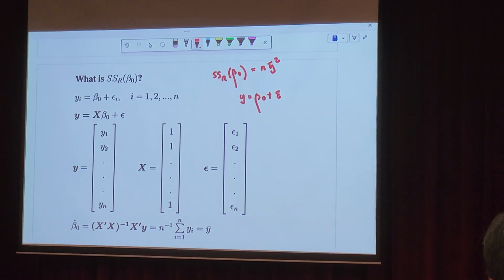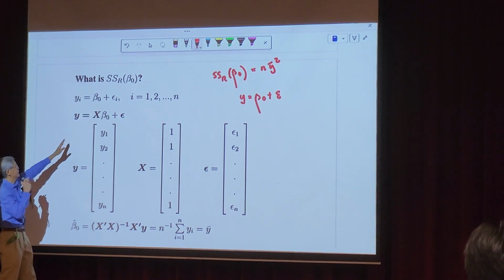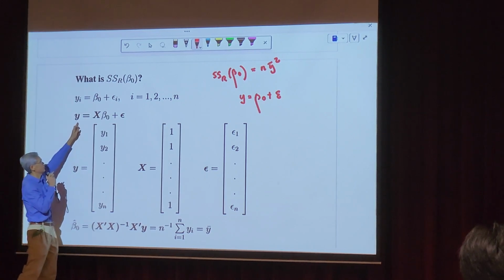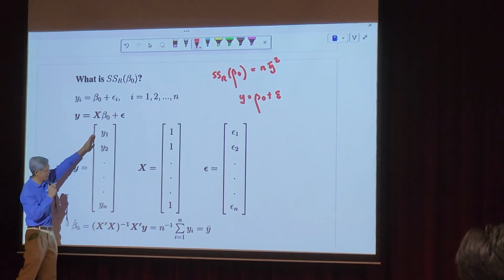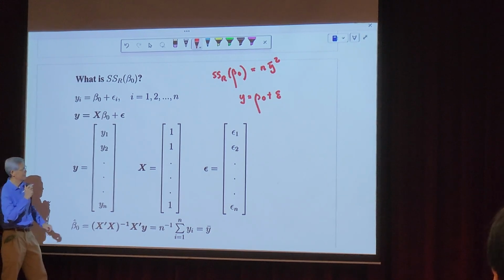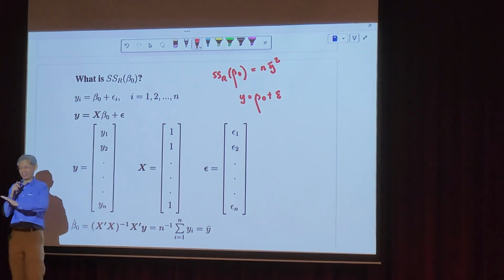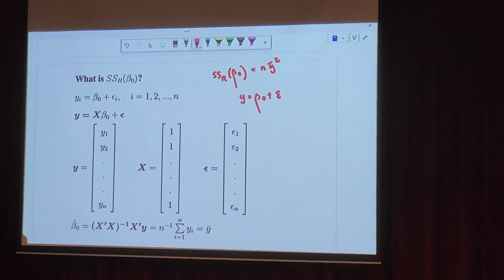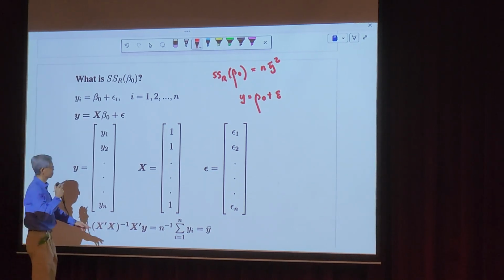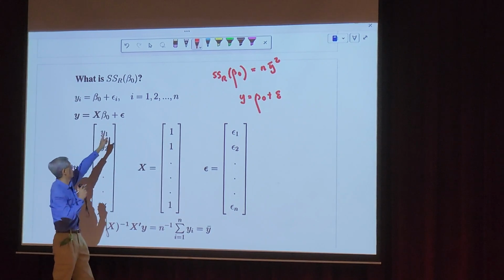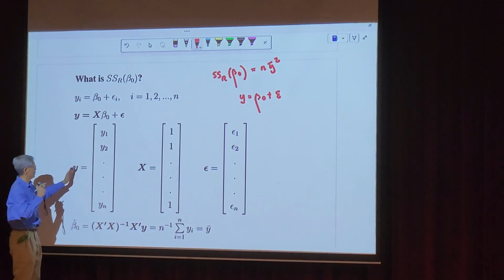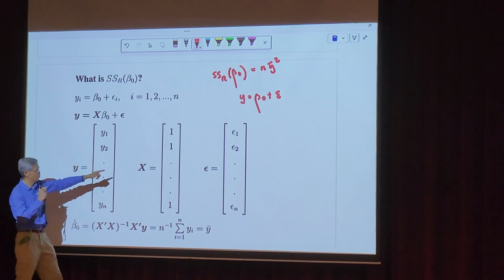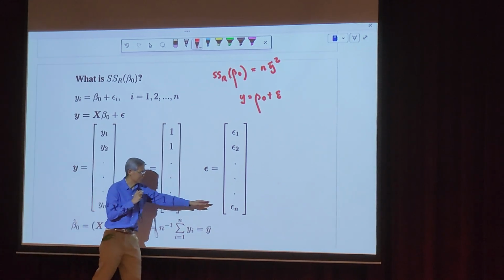So let's consider this model without any regressors: y_i equals beta naught plus epsilon_i, and in matrix notation it is this. So y is the vector of y. The X matrix now is a vector of 1. It's just y equals beta naught times 1 plus epsilon.